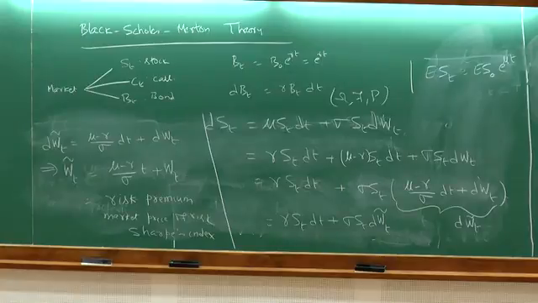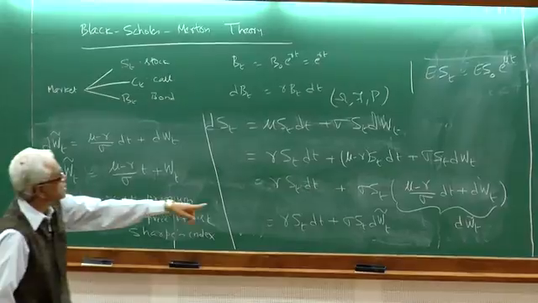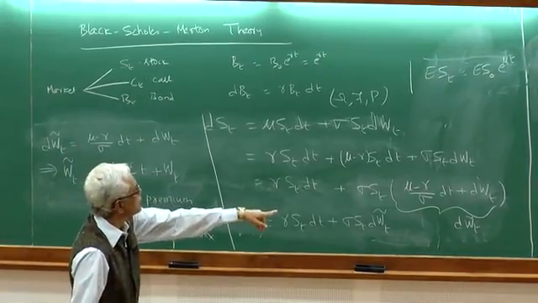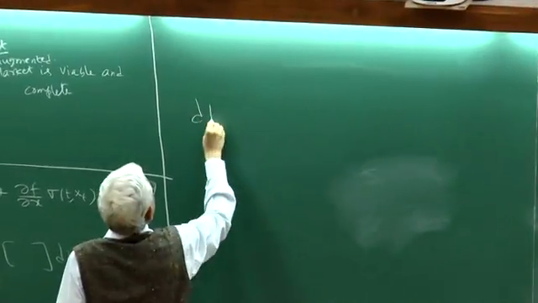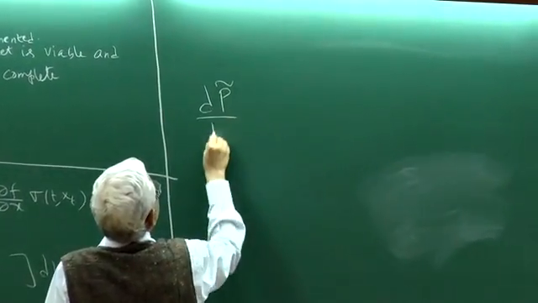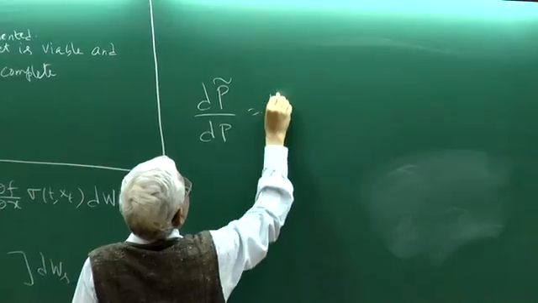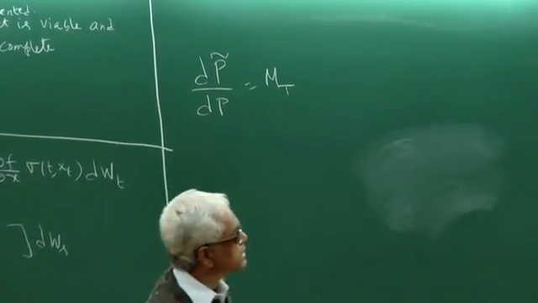Now you know what is P tilde. So what has to be P tilde from that theorem? I have to define dP tilde over dP equal to M of t, right? What is M of t?